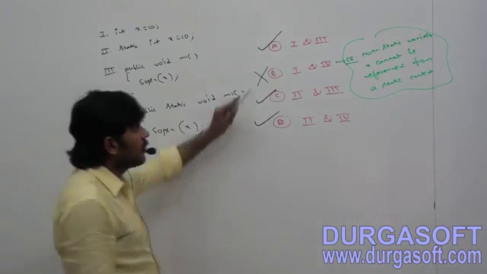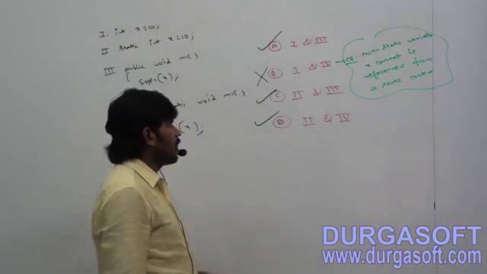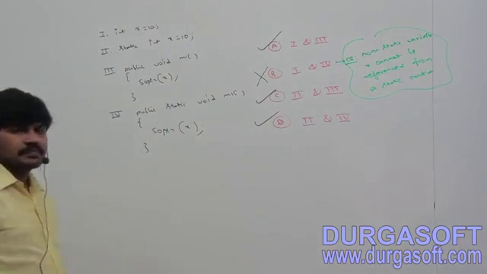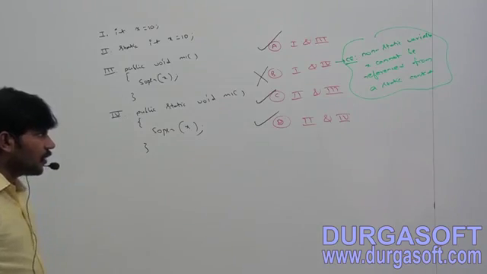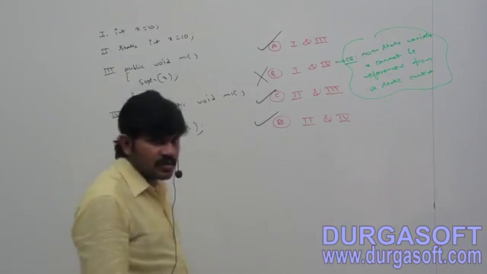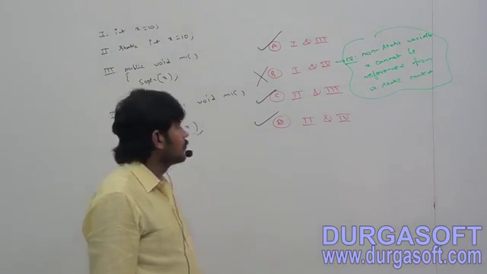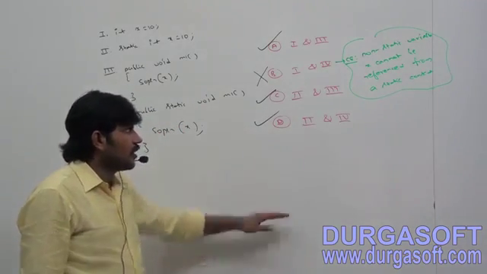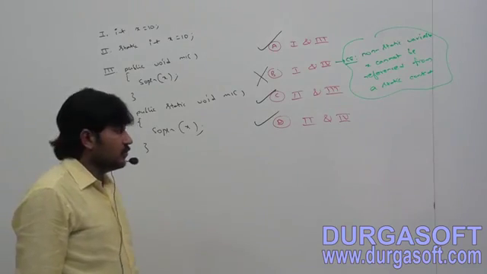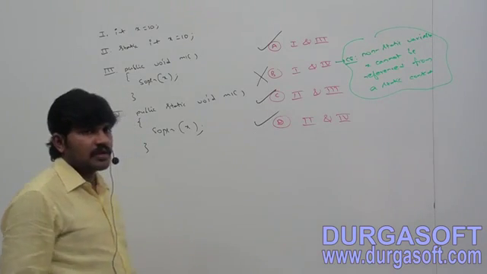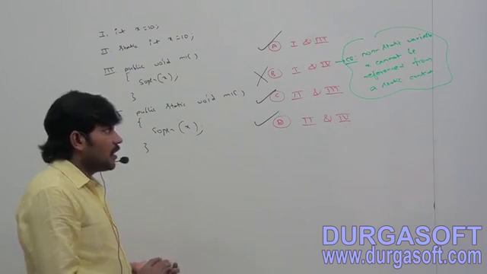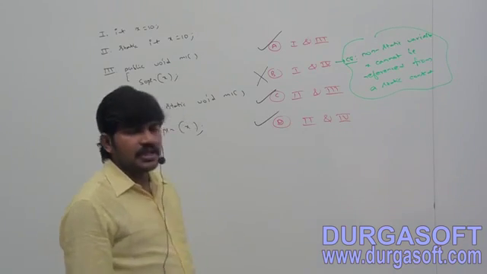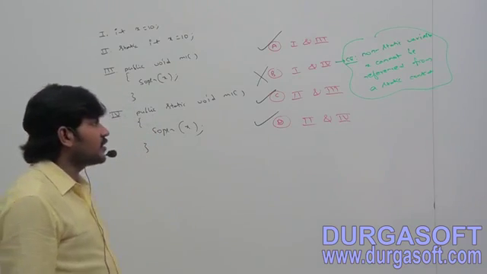Are you getting it? Take all these 4 options, compile them. 1 and 3, 1 and 4, 2 and 3, 2 and 4. Only 1 and 4 will give a compile time error saying non-static variable x cannot be referenced from a static context.